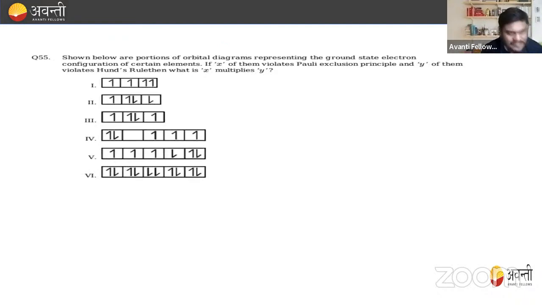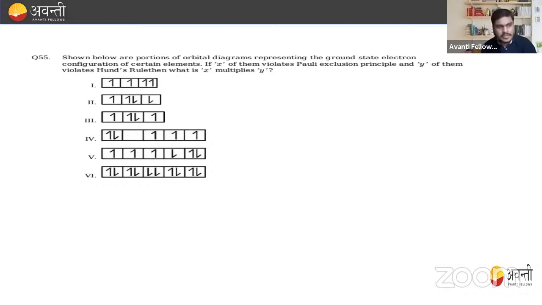Now move to question number 55. Shown below are partial orbital diagrams representing the ground state electron configuration of a certain element. If X of them violates Pauli exclusion principle and Y of them violates Hund's rule, then what is X multiplied by Y? Okay. So X stands for Pauli exclusion.